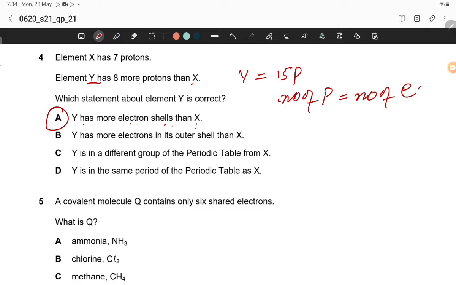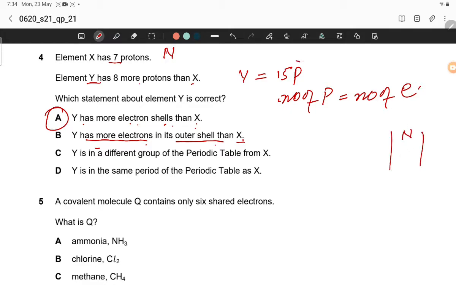This is correct. Y has more electrons in its outer shell than X? X has 7 protons, so this is nitrogen, present in group 5.